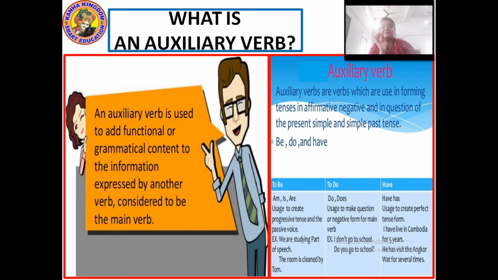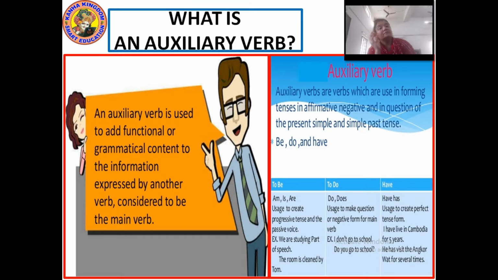For example, we are studying parts of speech. Here are is an auxiliary verb and studying is the main verb. By the sentence only we can understand that it is progressive, which means continuous tense.